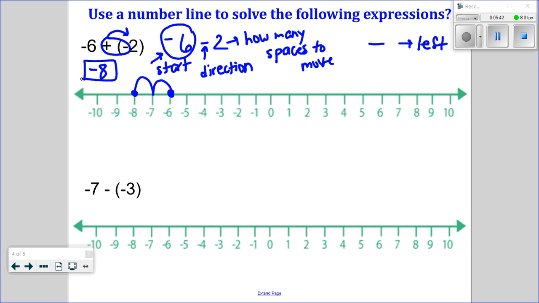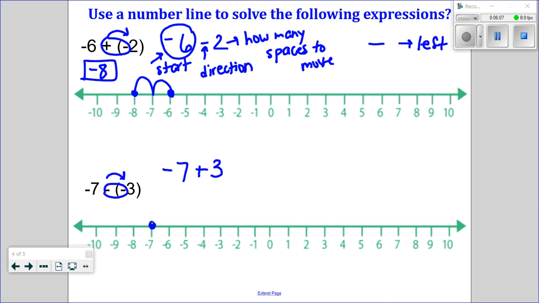Looking at the next one, again, I see I have a conflict, so I must resolve the conflict before I do anything else. The minus sign tells me to take the opposite of the sign that comes after it. So -6, the opposite of -3 is +3. Again, I'm going to start on -7.